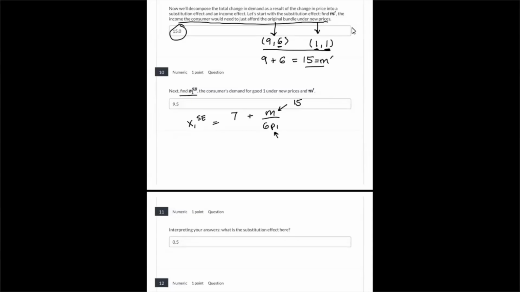This P1 is the new price, so that'll be 1 here. So I get 7 plus 15 over 6. This is 3 times 2, this is 3 times 5, so I can cancel out a 3. So I get 7 plus 5 halves, or 7 plus 2.5, which is 9.5.